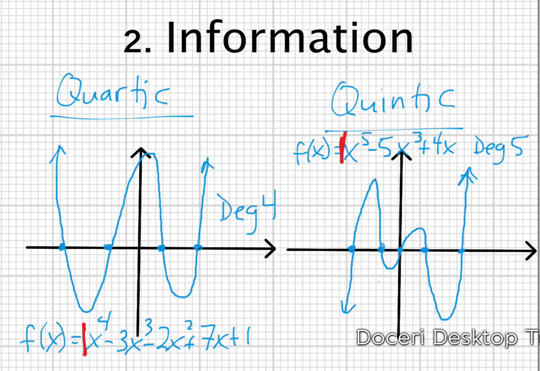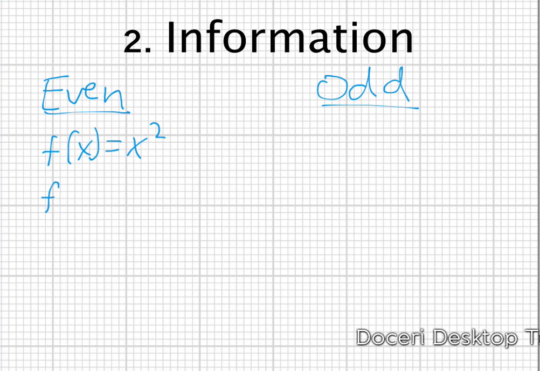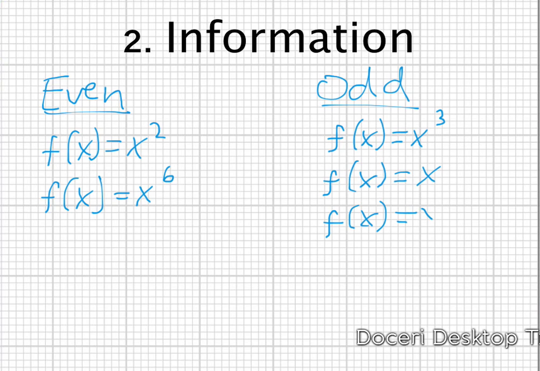So the next piece of information that we need to talk about in terms of polynomial equations is even and odd. Even degree and odd degree. Even degrees are something like f of x equal to x squared, f of x equal to x to the 6th power. These are even degree polynomials. Odd degree polynomials are like f of x equal to x cubed, f of x equal to x, f of x equal to x to the 5th.